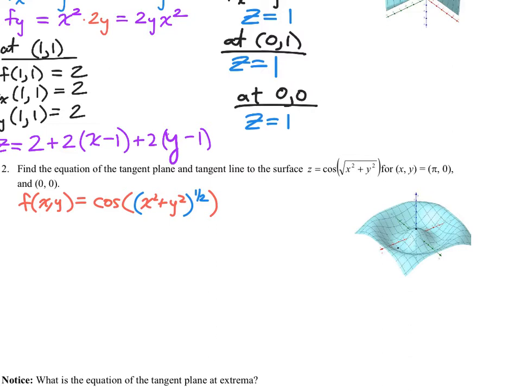Not for evaluating that function, but just to make life a little bit easier when I find the derivative. So first order partial with respect to x, keep the inner function as is. Derivative of cosine is negative sine of all that stuff on the inside.